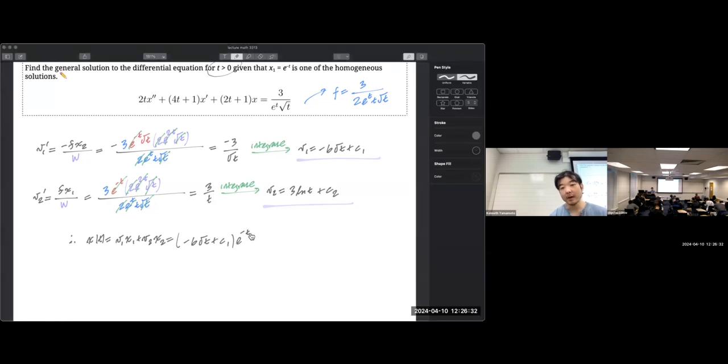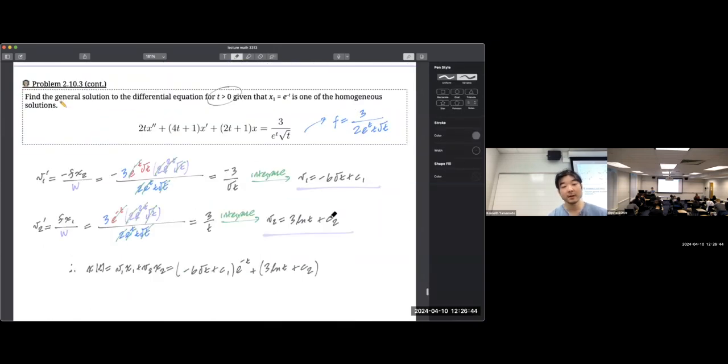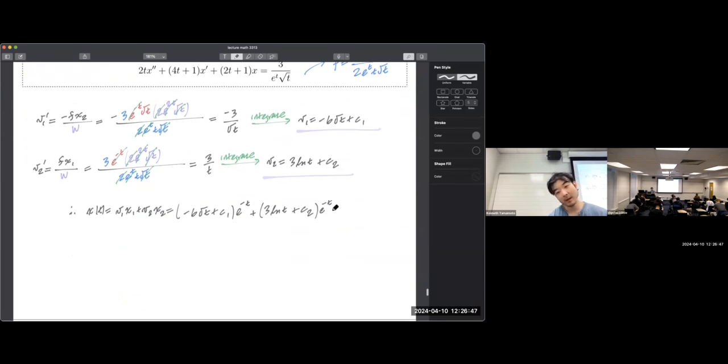And then our v2 is this. And x2 was e to the negative t square root of t. Okay, so that's your solution.